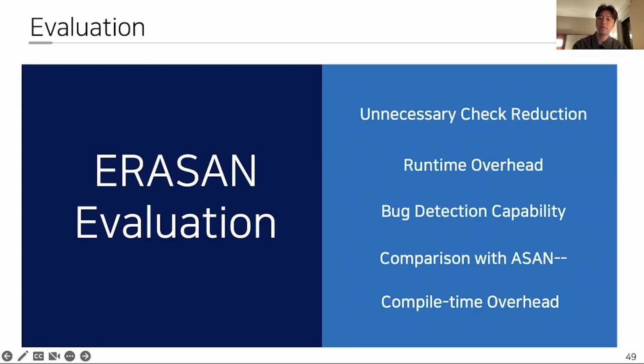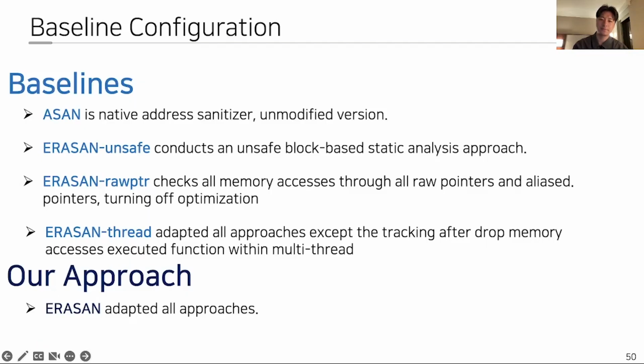And next is the evaluation part. We evaluated 5 aspects to evaluate the effectiveness of our work. To precisely and fairly evaluate each proposed technique of ERASAN, we prepared 4 different baseline configurations. The first one is the modified version of the ASAN.